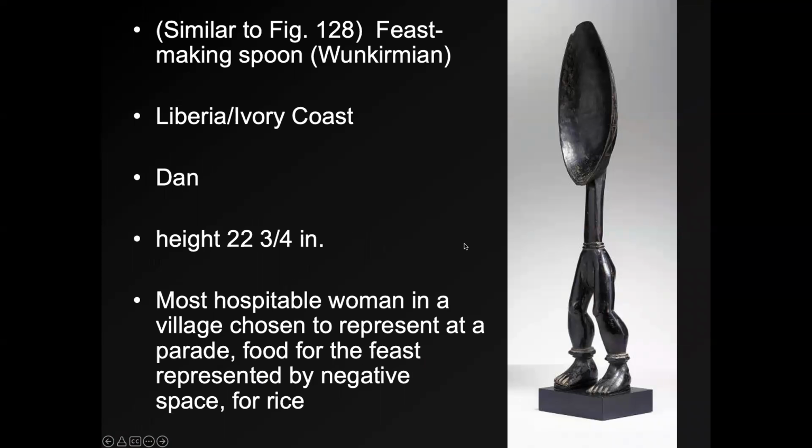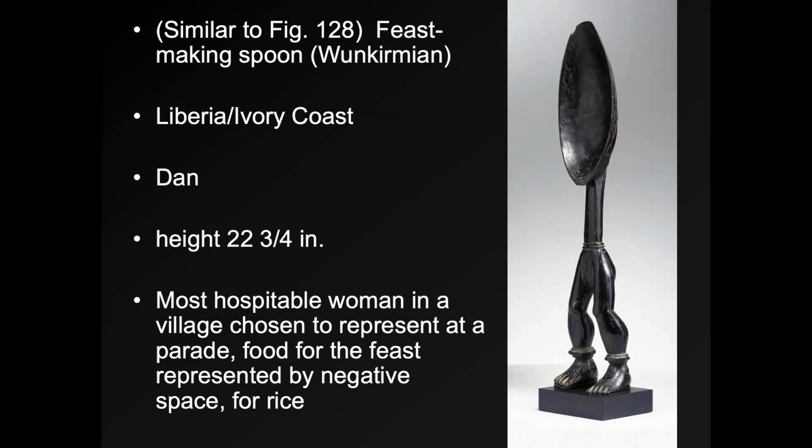And then sometimes the negative space can have a meaning. That's the case with this feast-making spoon from Liberia, made by the Dan people. Amongst the Dan, they have this traditional get-together every year.